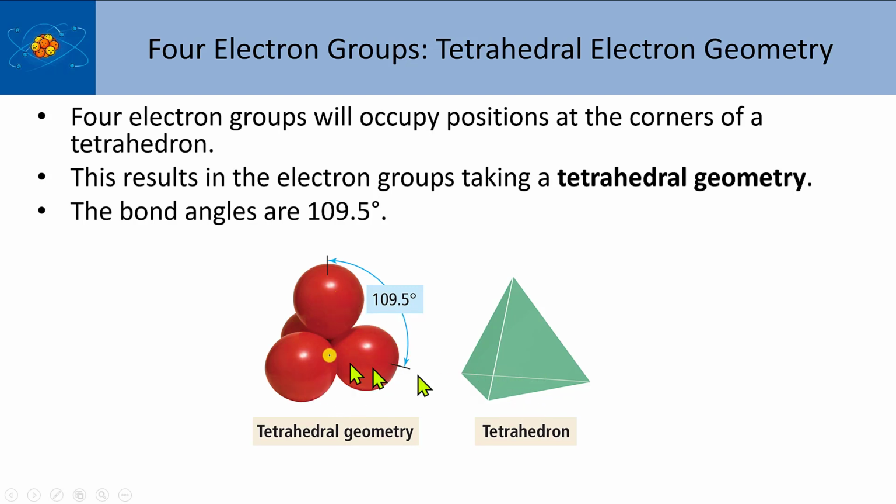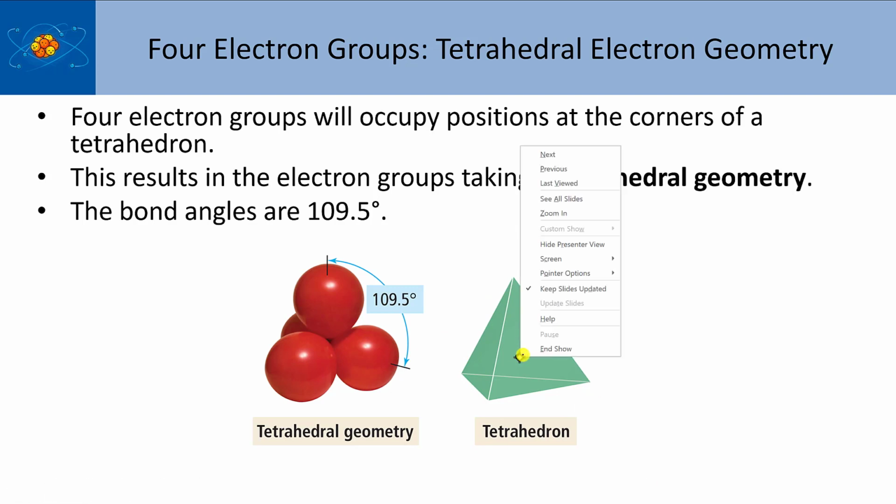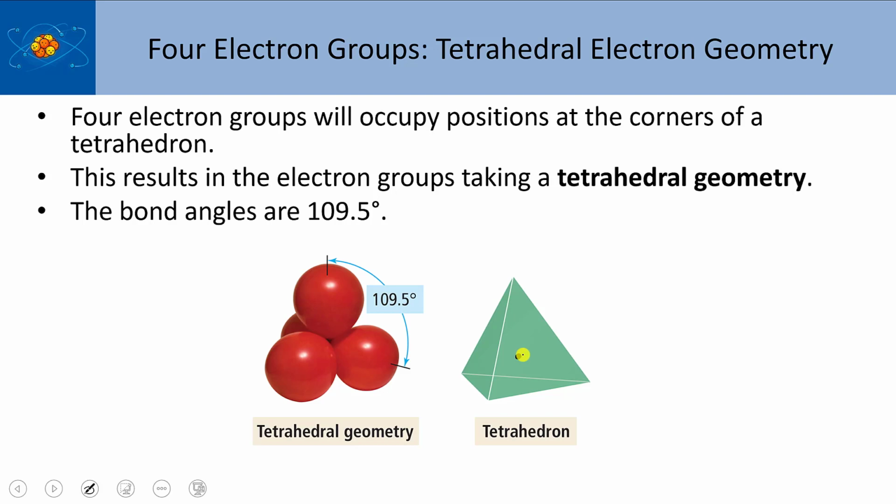So in the tetrahedral geometry, the atoms that are connected to the central atom form a tetrahedron. What's not shown in this diagram, when they call it a tetrahedron, is the atom in the middle, which is the central atom of the molecule. Now, this has a 109.5 degree bond angle, and there are several different kinds of molecules that would make this.